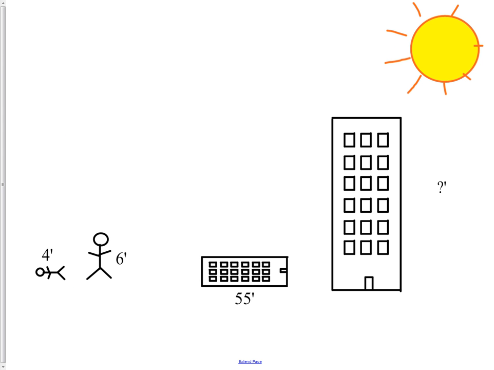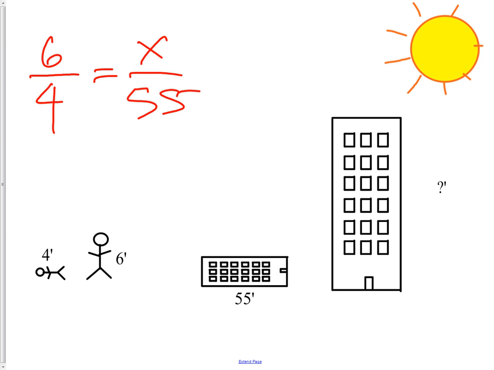Our last example here has something to do with the sun. We see shadows. We have the ratio of the man standing is 6 foot. His shadow is 4 feet. The building when it's standing has an unknown height. The building's shadow, when it's laying on its side, is 55 feet. So we have actual over shadow, actual over shadow.